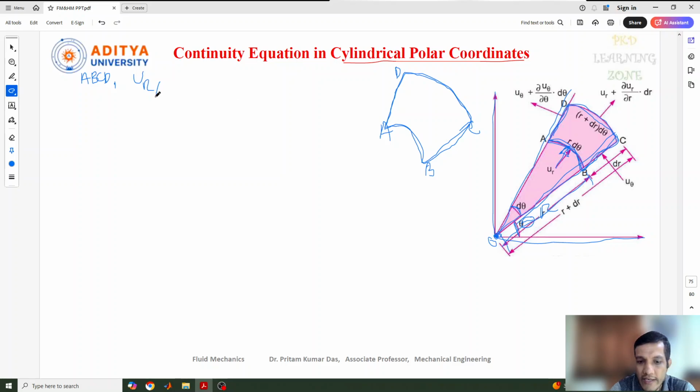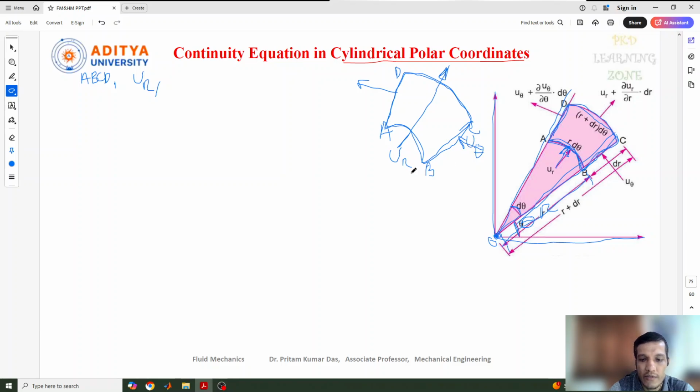And the velocity in the tangential direction. Tangential direction is nothing but, this is the fluid element we have taken, and this is the radial direction, UR, and if you consider this one in a tangential direction, then we need to consider U theta.